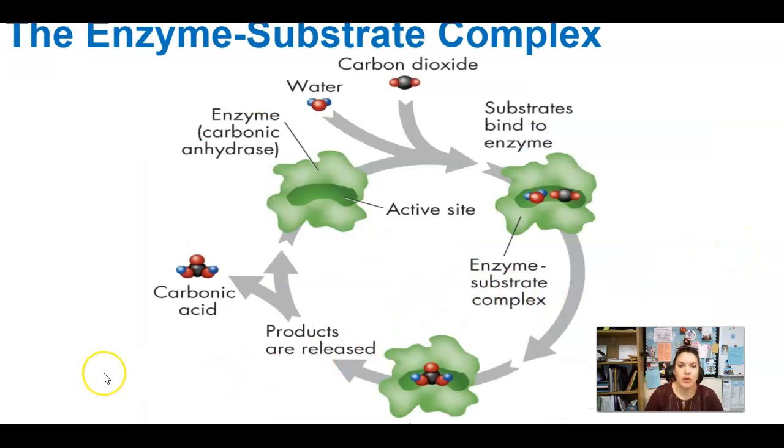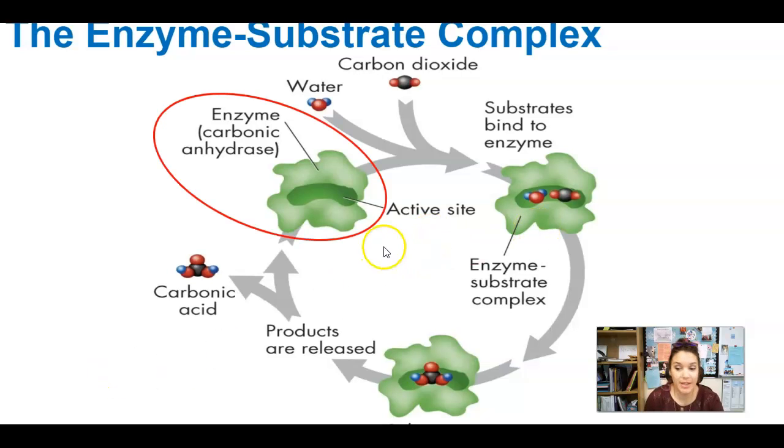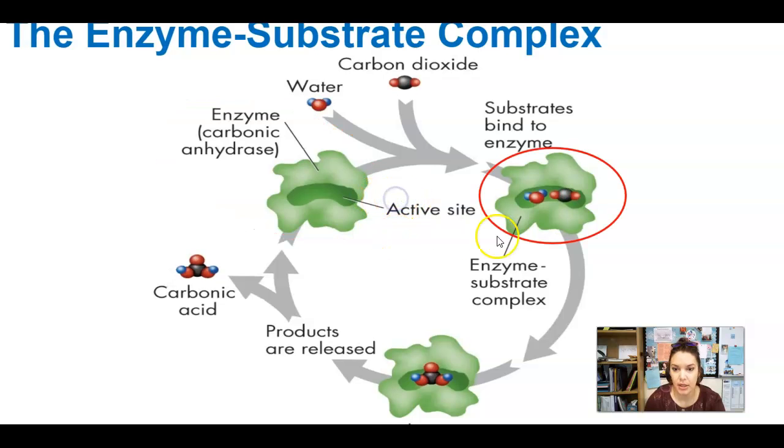Okay, so in order for enzymes to work, we need to look at the enzyme substrate complex. You don't need to know a whole lot about this, but I'm just going to give you a brief overview of how enzymes work. So you'll have an enzyme, carbonic anhydrase. So here is your enzyme, and it has an active site. And what happens is molecules will know where to find that substrate.